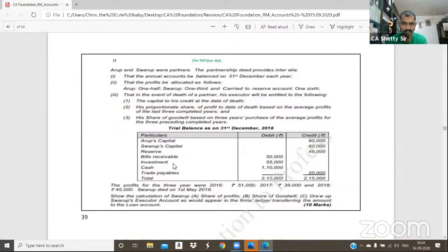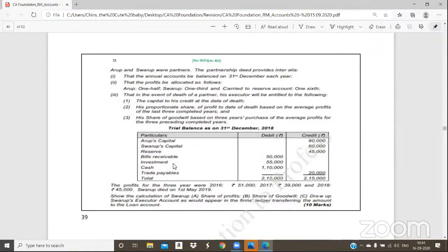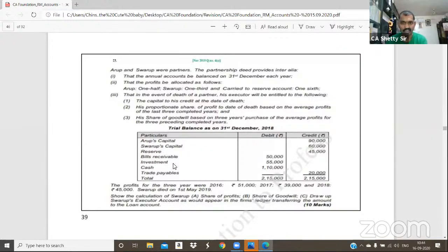Next, 1/3 is equal to 2/6. So 3/6 and 2/6. What is left to the right side? 1/6. This is where you have to keep on applying your mathematical brain. Right side, balance 1/6, transferred to reserve account. You want to keep it in the reserve.